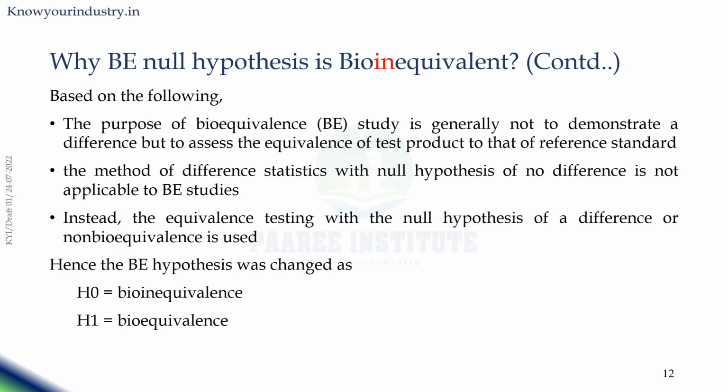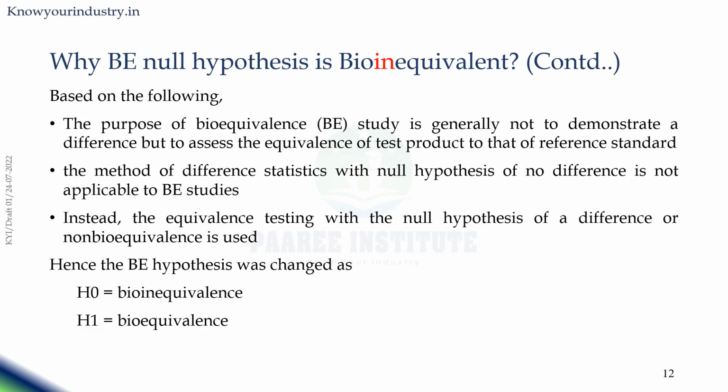Then after 1980, the assumptions were changed based on the following. The purpose of a bioequivalence study is generally not to demonstrate a difference, but to assess the equivalence of the test product to the reference standard. The method of difference statistics with a null hypothesis of no difference is not applicable to BE studies. Instead, equivalence testing with a null hypothesis of a difference, or non-bioequivalence, is used.